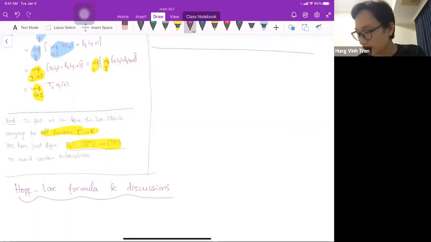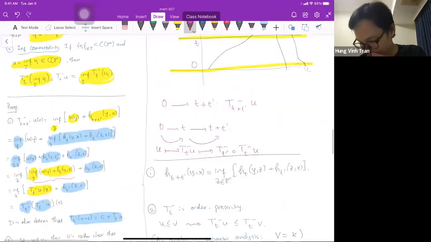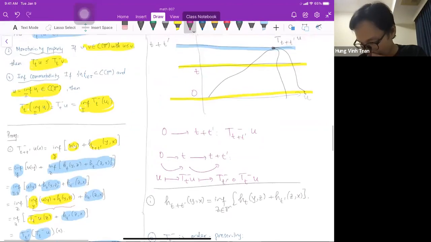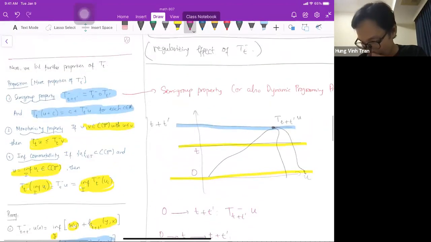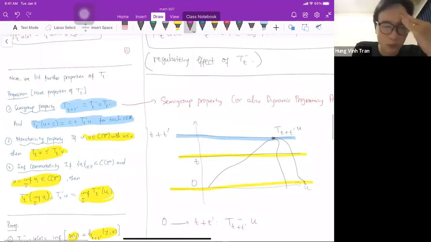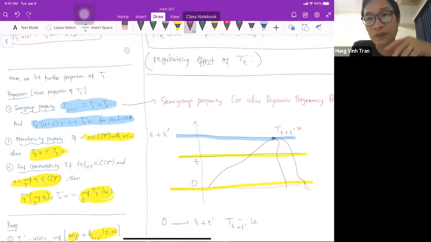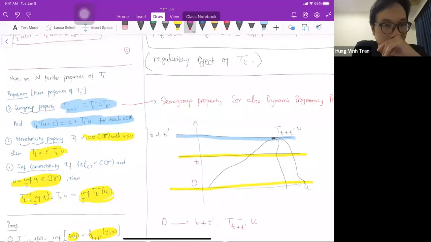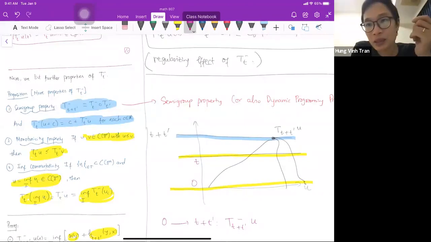Oh yeah, I forgot to say one thing. By the way, in numerical analysis, there are some methods to compute this semigroup.